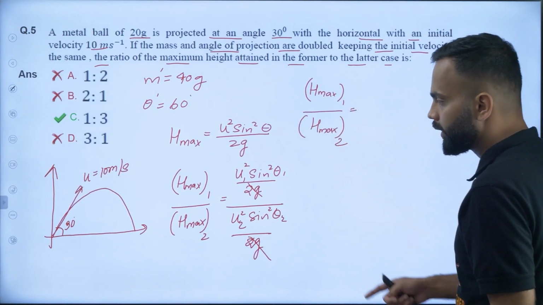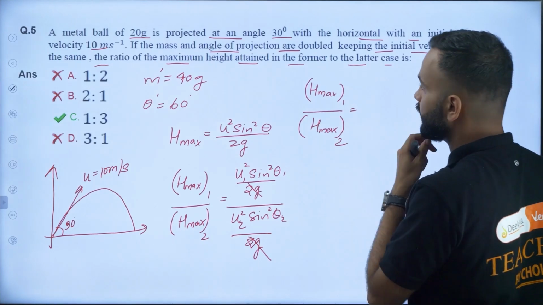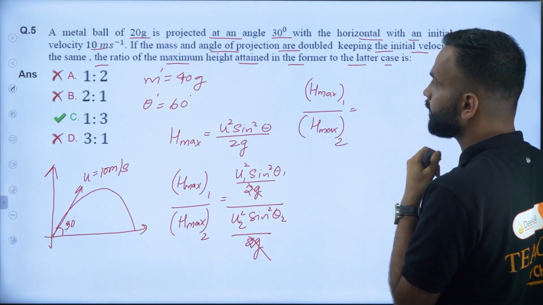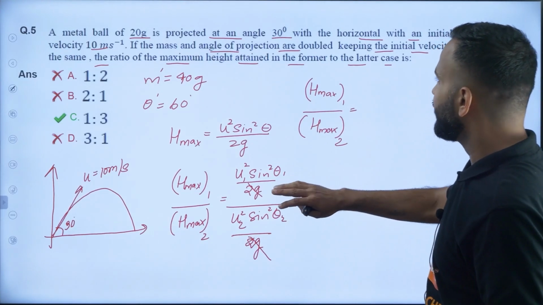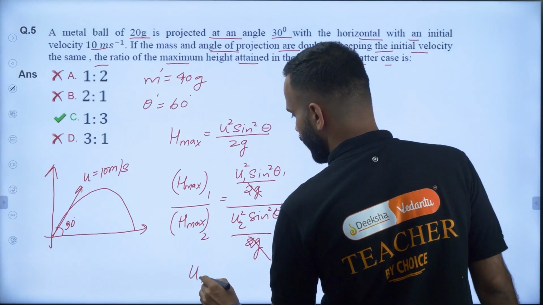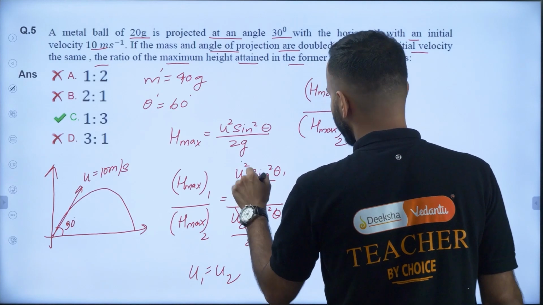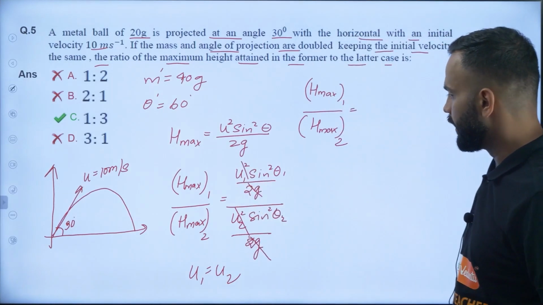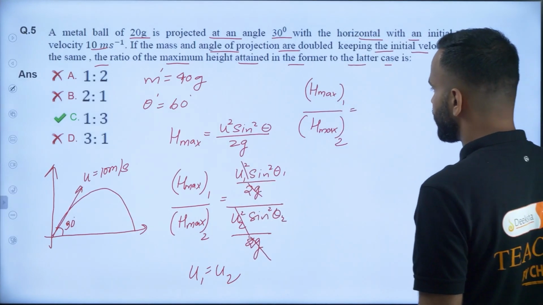is equal to u square, right? So u square remains the same. Angle of projection is changed, so u1 equal to u2, and u1 square, u2 square will get cancelled. Then sine square theta 1 by sine square theta 2.